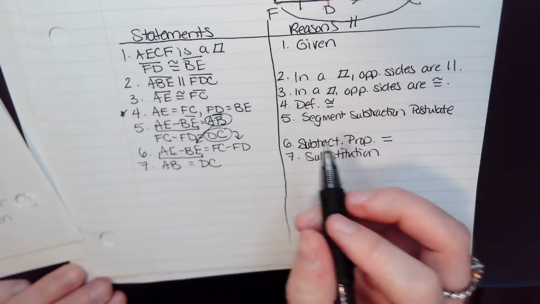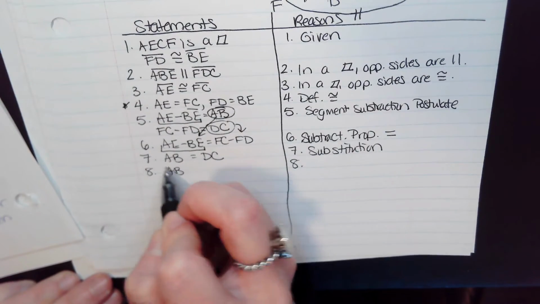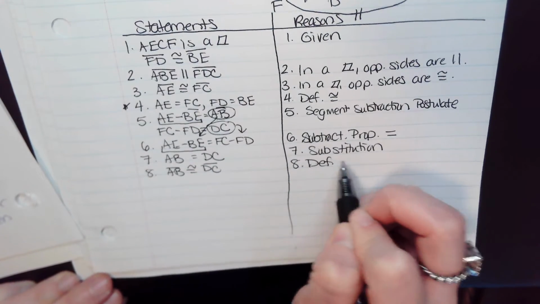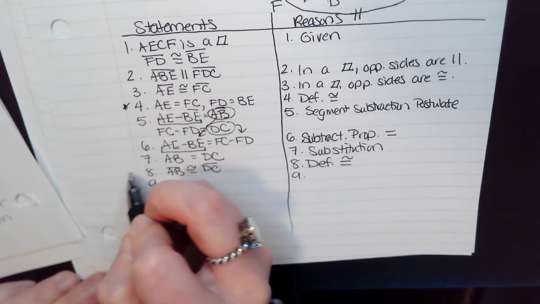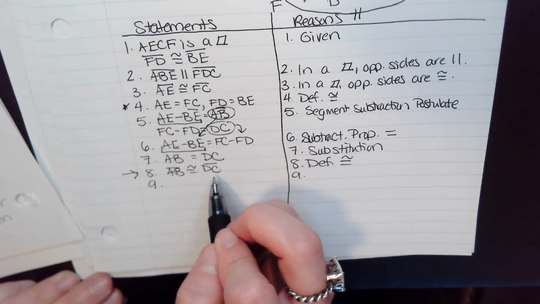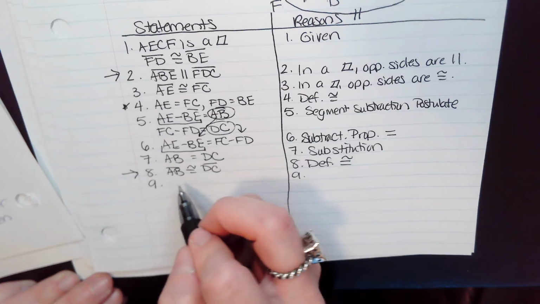substitution. And we want opposite sides to be congruent, so I'm just going to switch these back to congruency by def of congruency. And now, right here, I have a pair of sides congruent, in ABCD. And here I have the pair of sides parallel to each other.